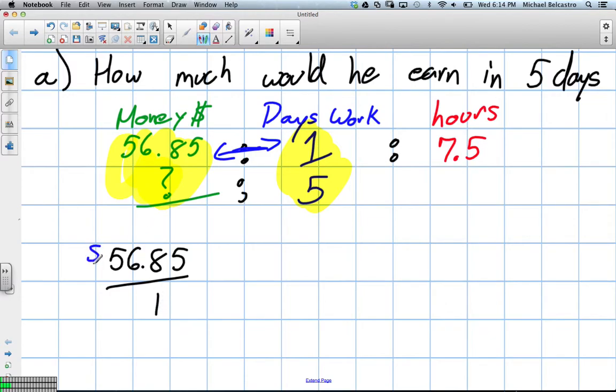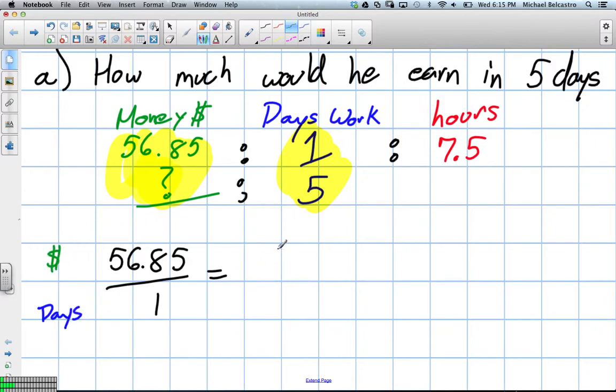In other words, this is how much money he makes per day. I didn't have to include the money sign or the day. I just wrote those two together. Just remember, we wrote days on the bottom, and money on top.